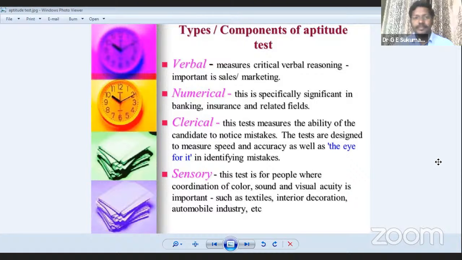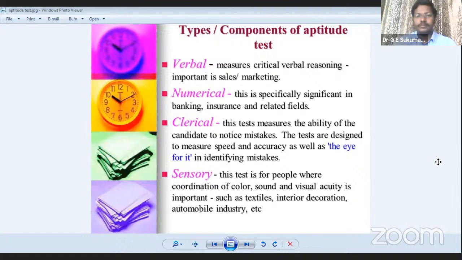Like, for example, we know clericals. For getting into these particular positions, there are clerical aptitude positions. The clerical aptitude test is also done, which is a subpart or component of the aptitude test. Then sensory.